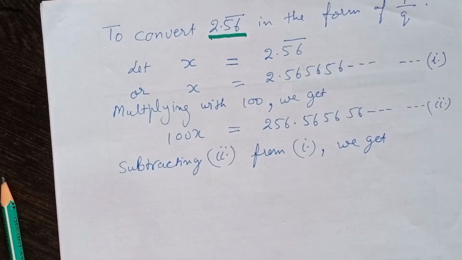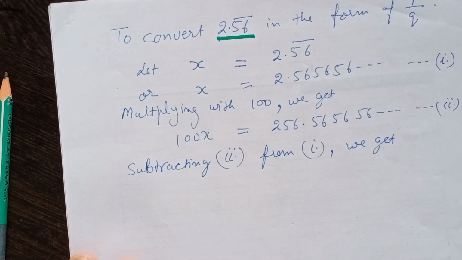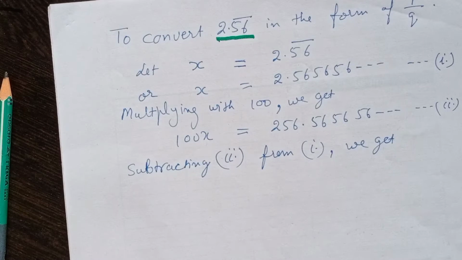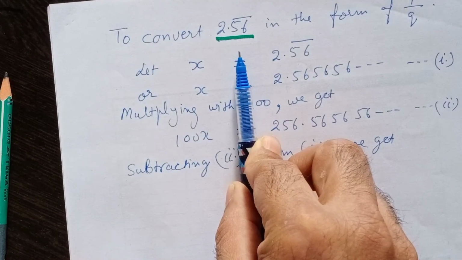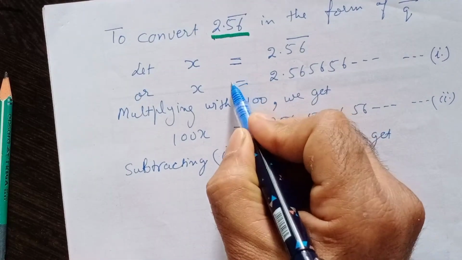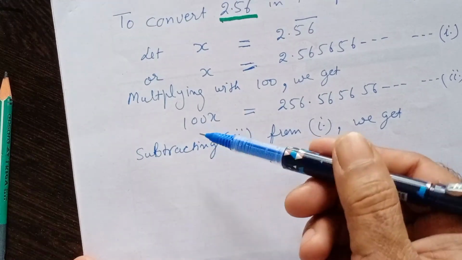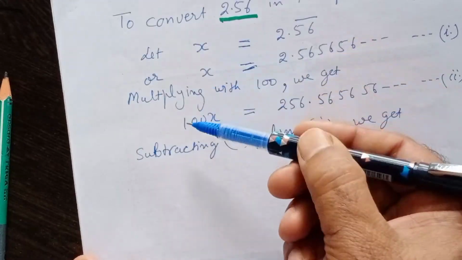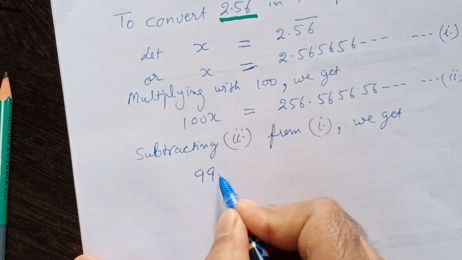My students, I want you to solve this exactly in this format. First of all, all the is equal to signs should be in line. Mine was a little deviated. So subtracting equation number 2 from 1, 100x minus 1x is 99x.